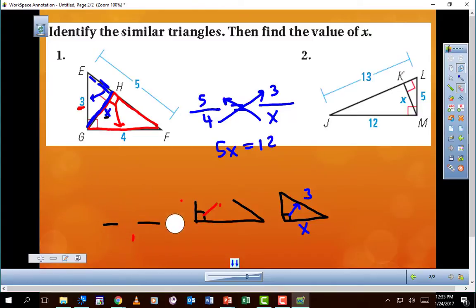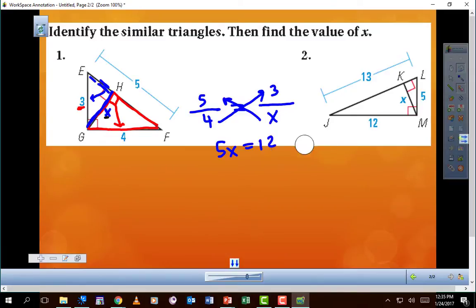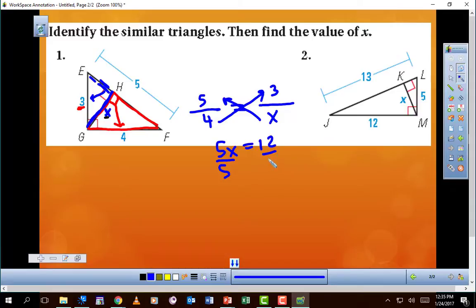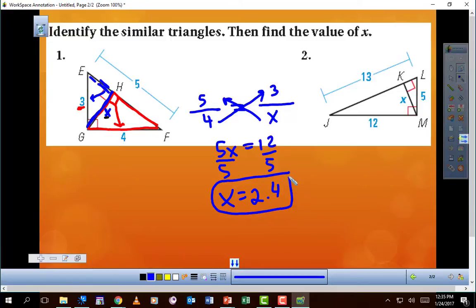I'm using some basic algebra now. Divide by 5, divide by 5 here. I get x is equal to, let's see, 5 goes in there twice, and I think it's 2.4. If you use your calculator, 2.4. Did you get that? Yeah.